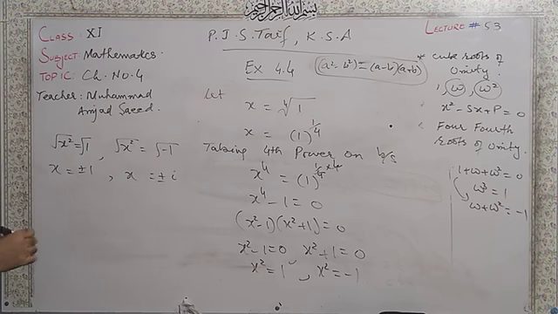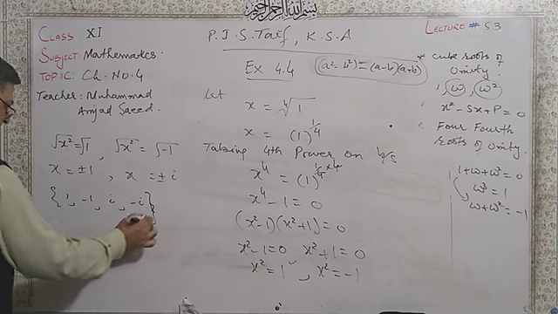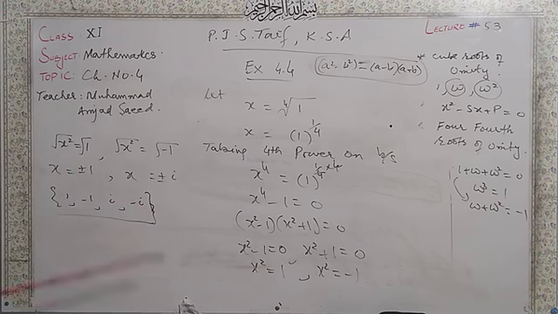So what are the fourth roots of unity? They are 1, minus 1, plus iota, minus iota. These are the fourth roots of unity.